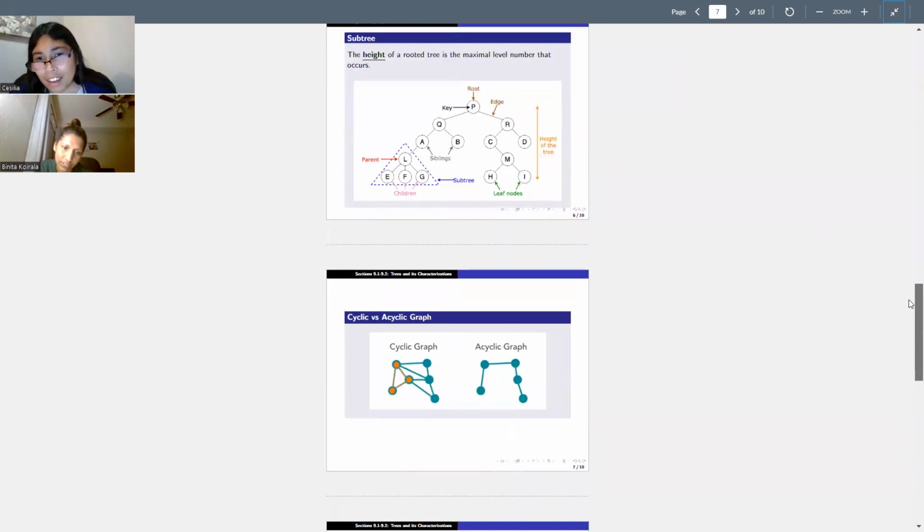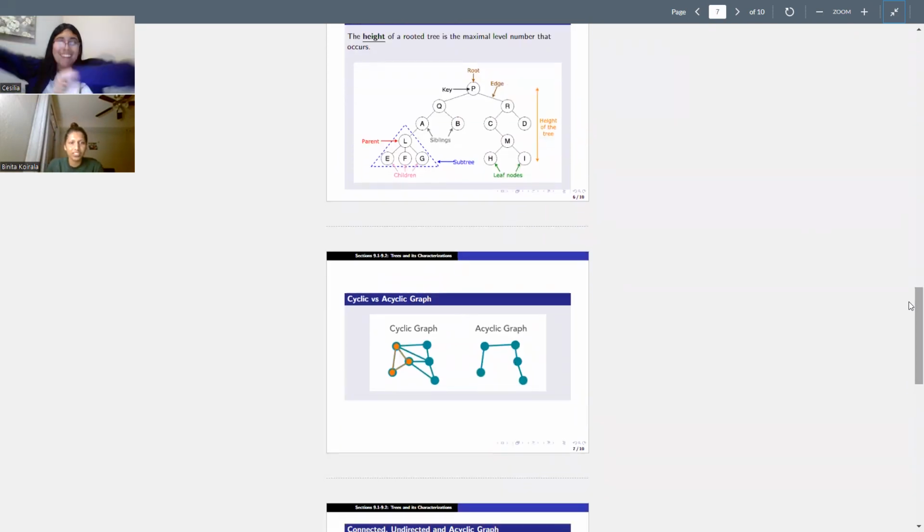One more slide. Yep, that's our last slide. Cyclic versus acyclic graph. Okay, cyclic graph looks like a connected graph.